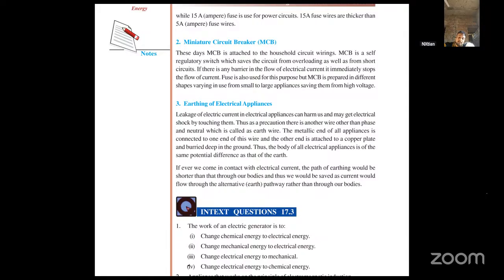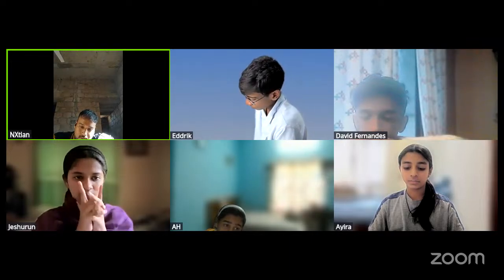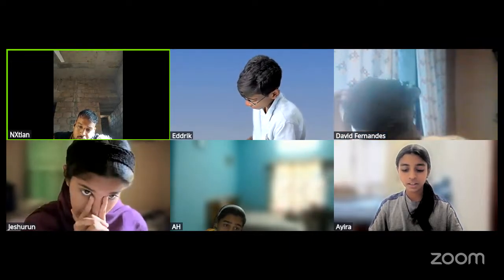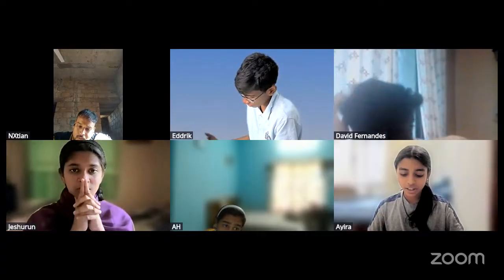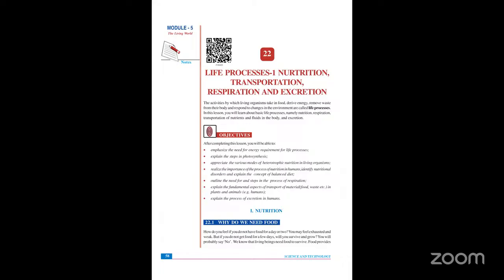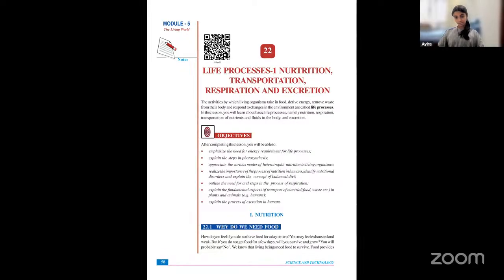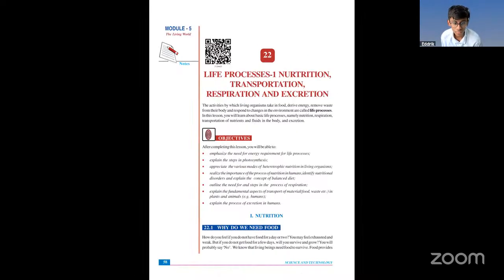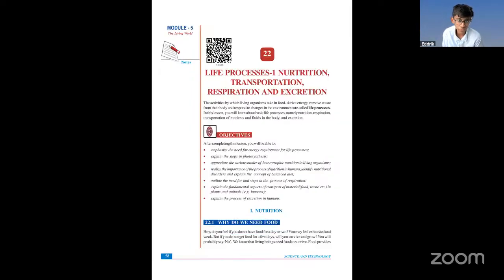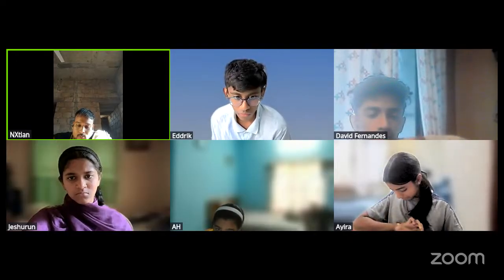So the chapter is completed. Now we will go to the next chapter tomorrow. What chapter, Ira? In biology, there's life processes 2 and then life processes 3 also. One we finished, like 22 we finished. 23 we need to do next. Yeah, 23 and 24. Okay, so we'll go to 23, I believe. Let me check. Tomorrow we'll go to chapter number 23.